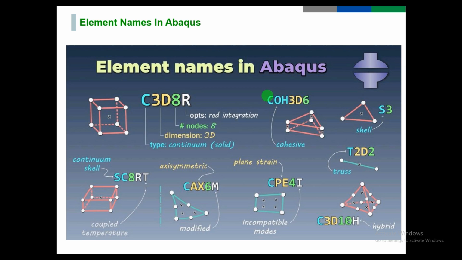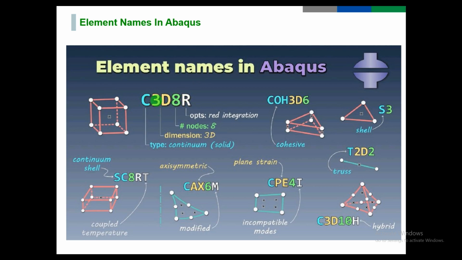The second group of characters is the dimensionality, 3D for this one. So this is the first letter, and this one is the second. For example, 3D is related to a 3D model.